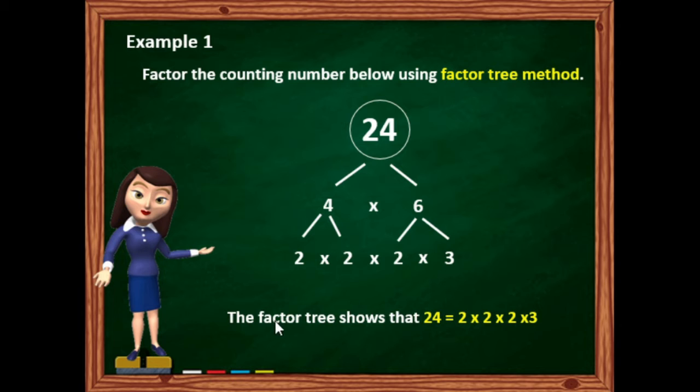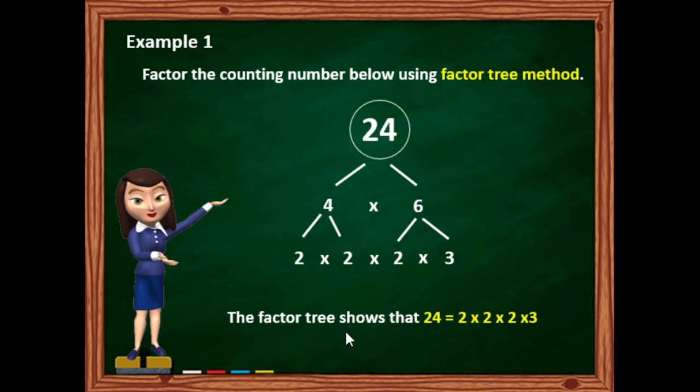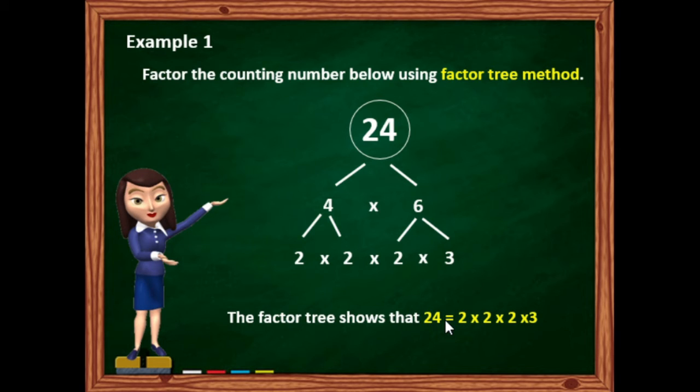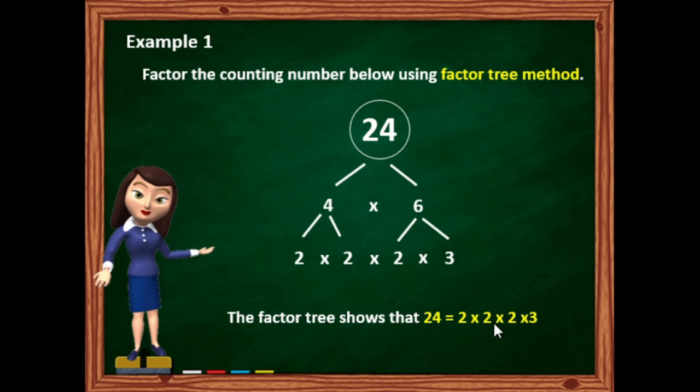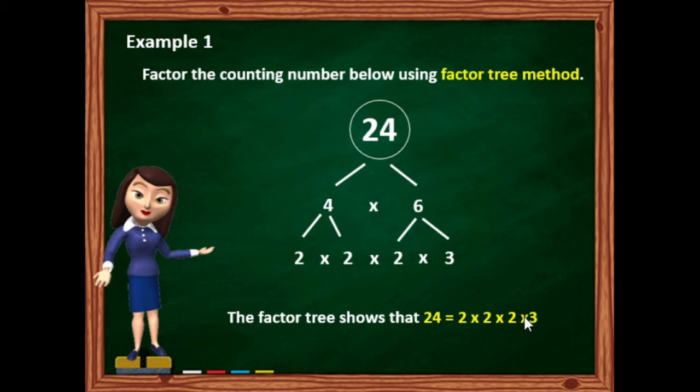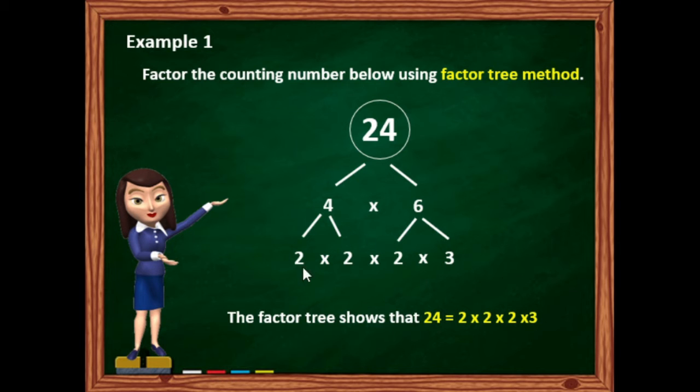Therefore, the factor tree shows that 24 is equal to 2 times 2 times 2 times 3. You look at the last numbers in the tree.